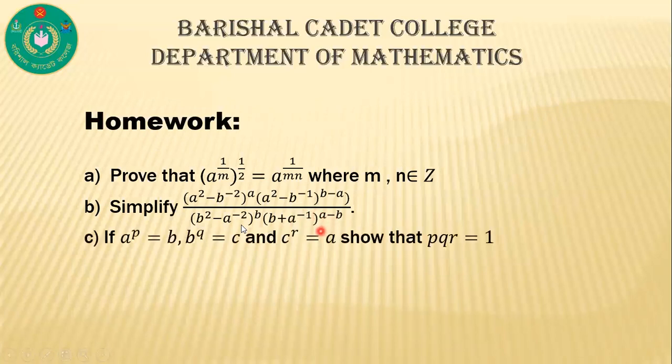If a to the power p is equal to b and b to the power q is equal to c and c to the power r is equal to a, then show that pqr is equal to 1. This is your homework.